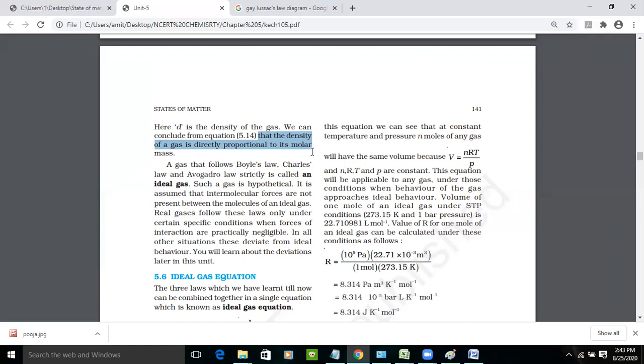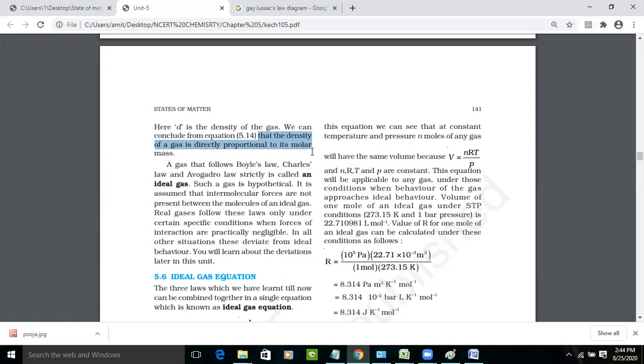So a gas that follows Boyle's law, Charles' law, and Avogadro's law is strictly known as an ideal gas. Meaning if a gas strictly follows all three laws, all the conditions can apply on that gas, then that is known as an ideal gas. But the critical thing is that no gas is an ideal gas, right?